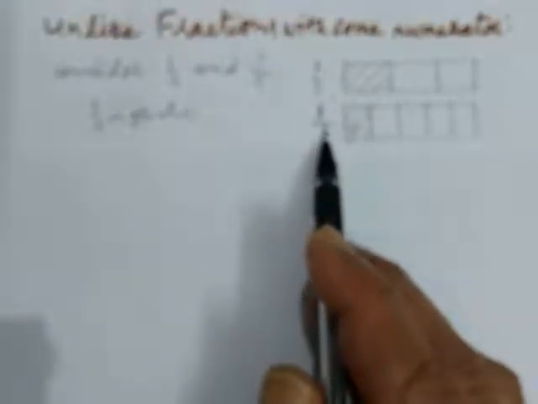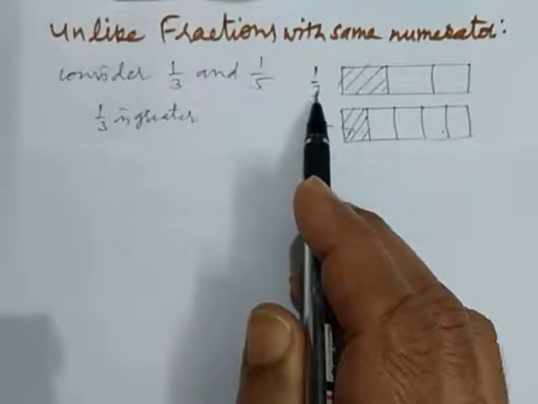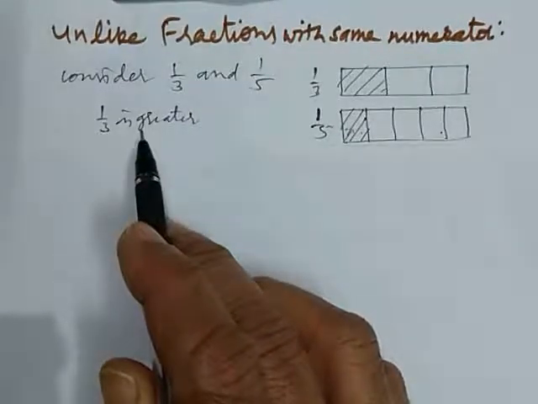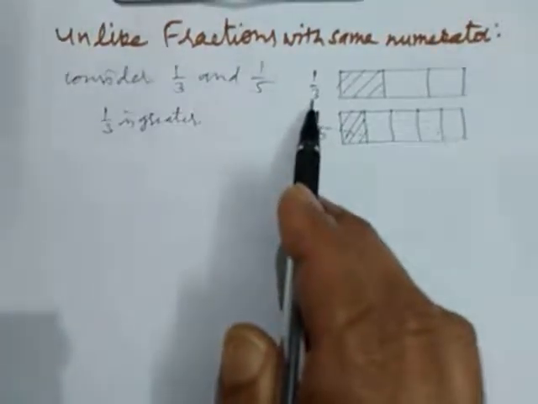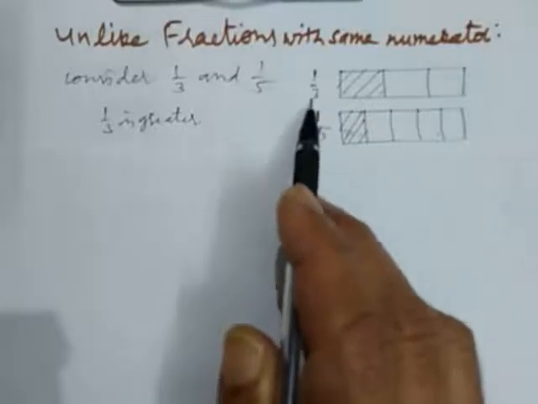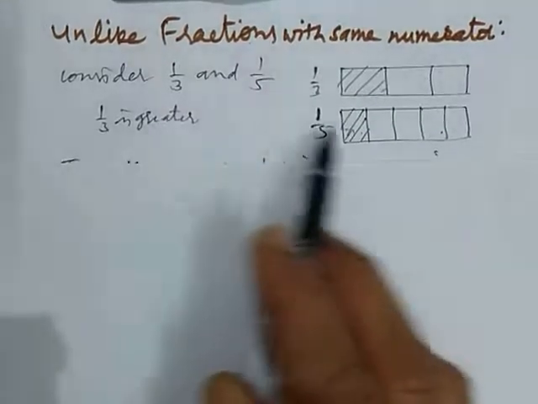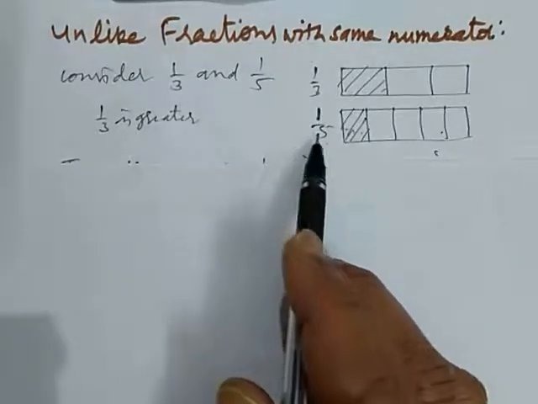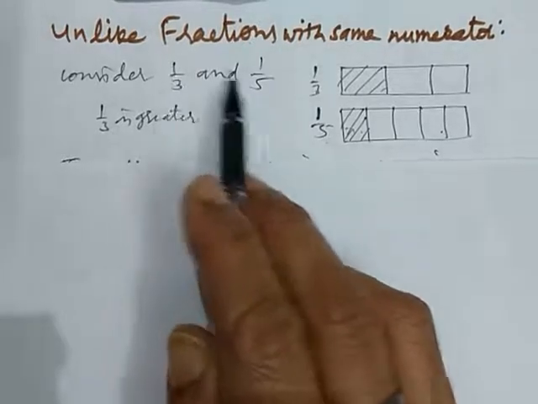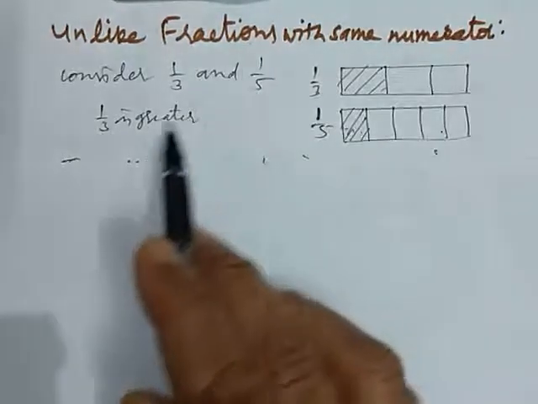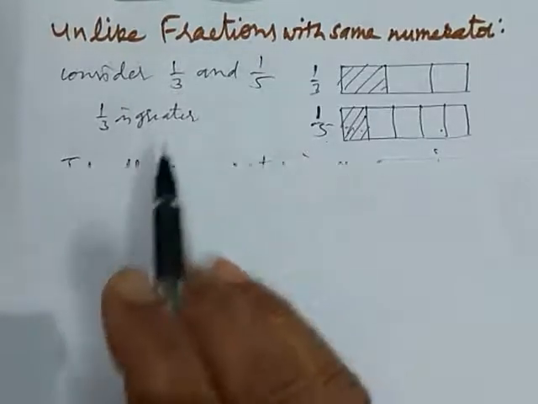In this case, the smaller the denominator, the greater the fraction. Here, 1 by 3 has the smaller denominator, so 1 by 3 is greater than 1 by 5. So in this type of case, in which the denominators are different but the numerators are the same, the smaller denominator gives the greater value.